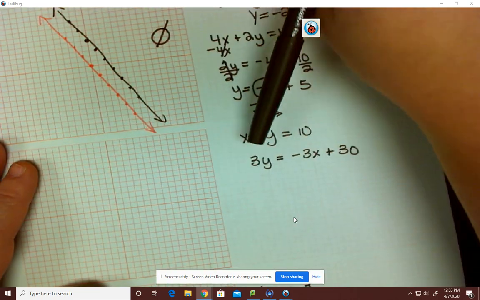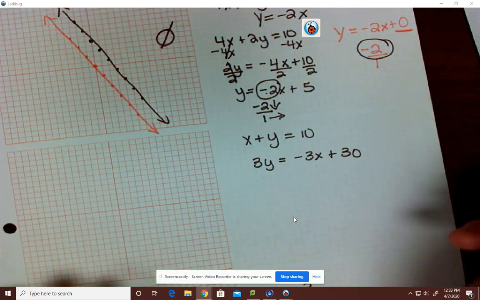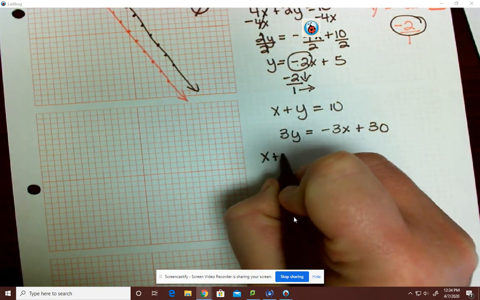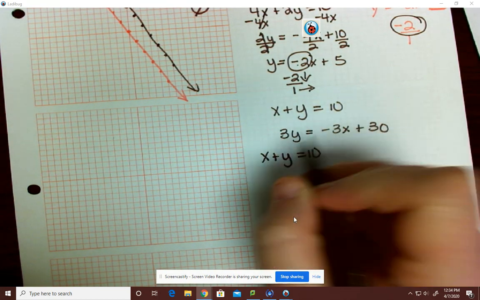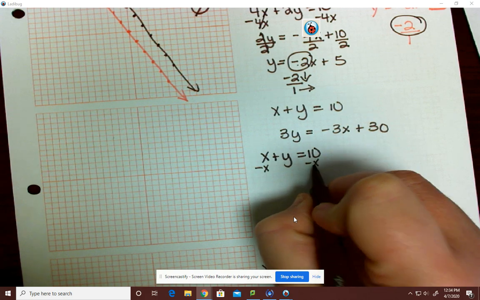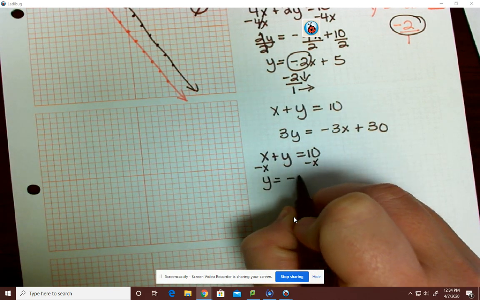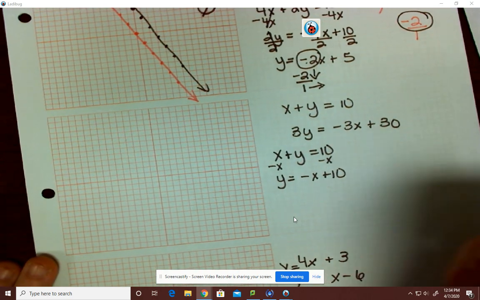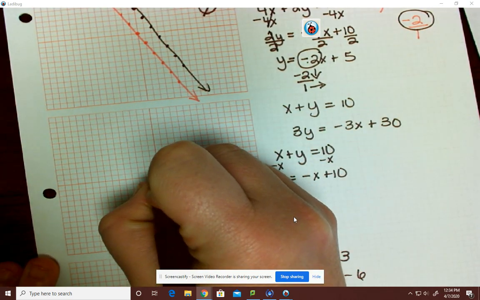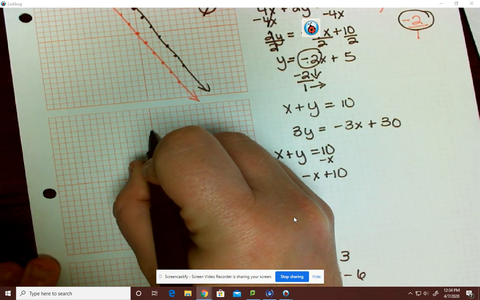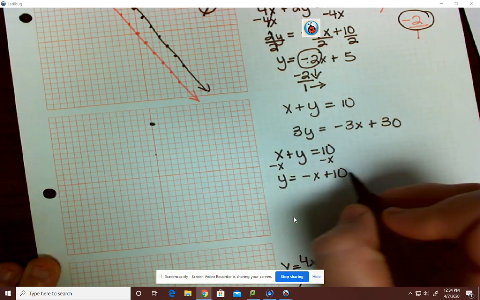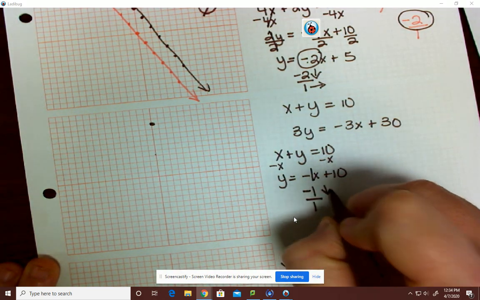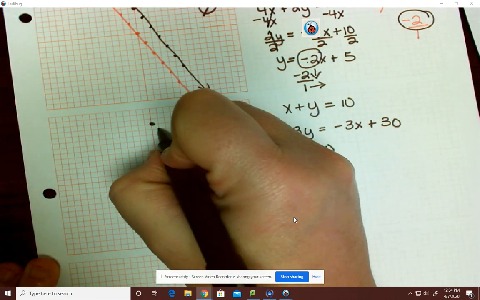Now this is one on this next one that we haven't seen that I want to talk about. So we have x plus y equals 10. So I subtract x, and I get y equals negative x plus 10. So I start up here at 10. And then my slope, that's understood to be a 1, so that would be negative 1 over 1, so I go down 1 and right 1.